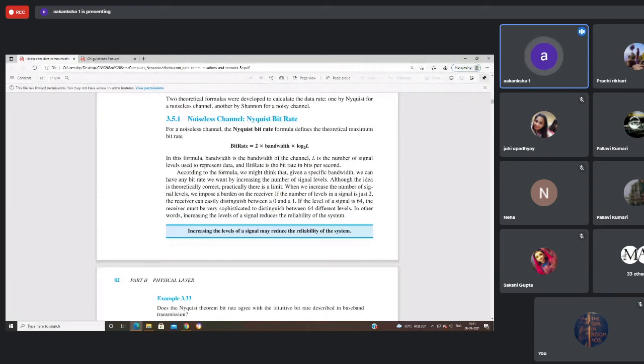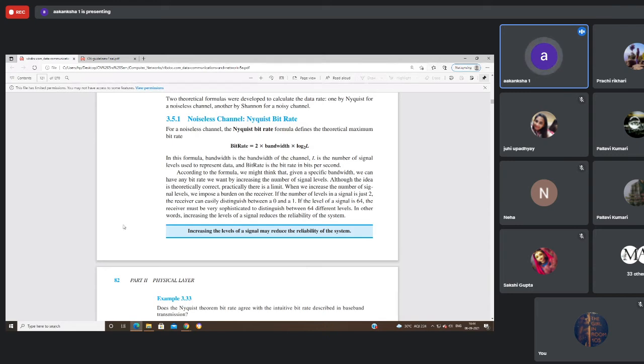Now what is L? L is the number of signal levels used to represent the data, and bitrate is in bits per second. What do we mean by signal level? Suppose we are using 2 levels, 0 and 1.